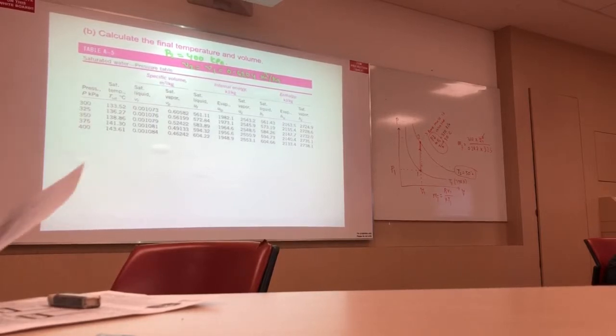So at 400, take a look. At 400, where is the 400? This is 400, right? At 400, what is the Vg? Can you see what I write? Correct, this one. And what is V2? So which one is higher?